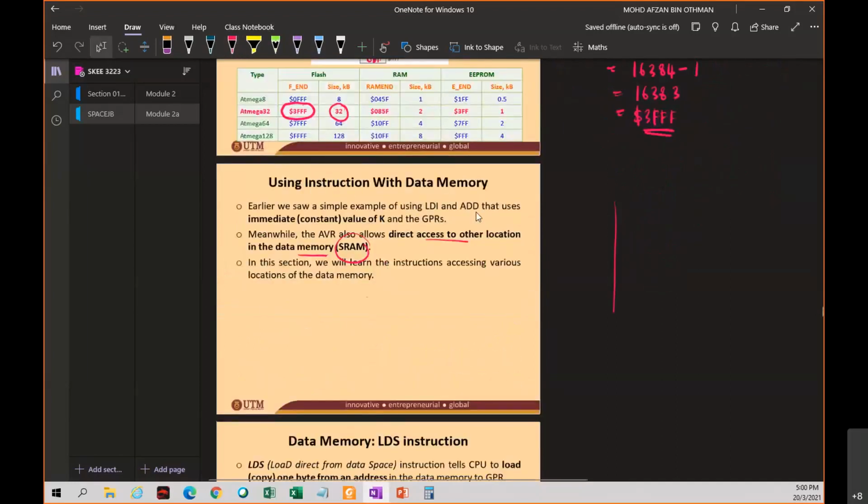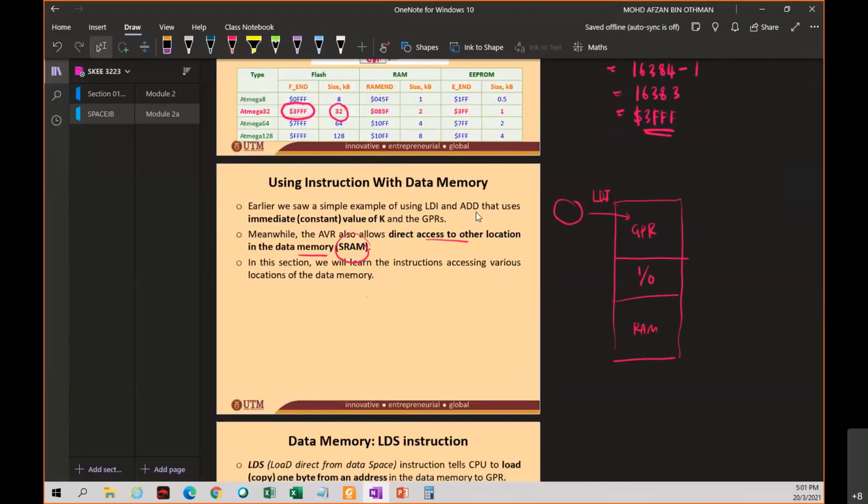Okay, so this is your one tadi. Okay, so kita balik semula lah. Okay, so kamu ada GPR, kamu ada I/O, kamu ada RAM. Okay, kalau kamu nak load data, okay, from outside to your GPR, okay, outside value to GPR, you can use the LDI instruction.